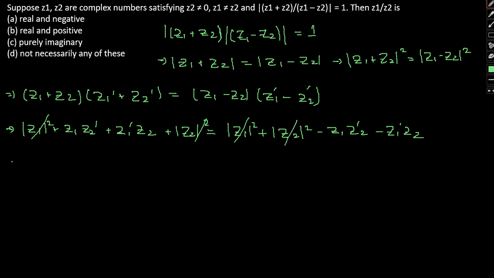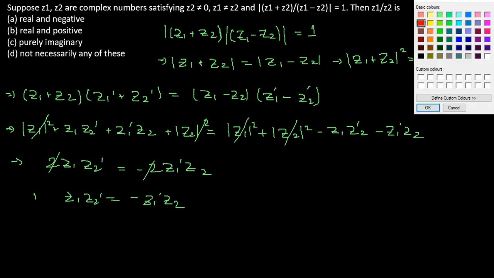Okay, so therefore if we further write this, to further simplify the same. Okay, I hope this is clear. So 1 will minus with this and this gets cancelled. So therefore z1 z2 dash will be minus. So now let's do one thing.